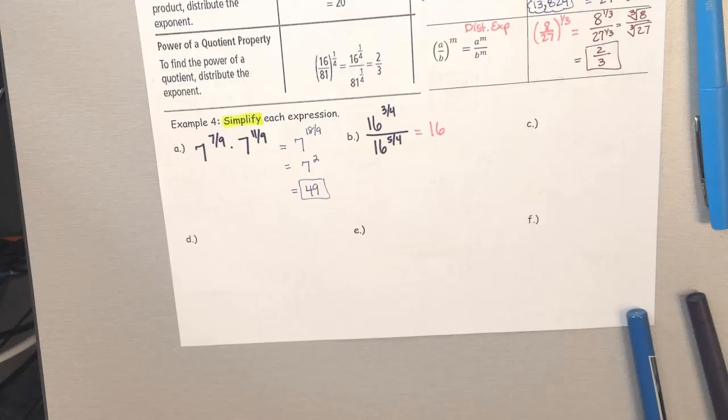Okay, and then for B, if you haven't subtracted already, can you do that and simplify? Okay, so once you have subtracted, what did we get as our exponent?